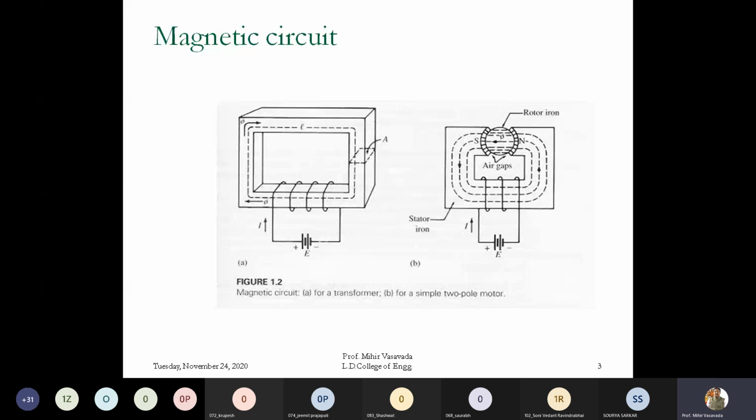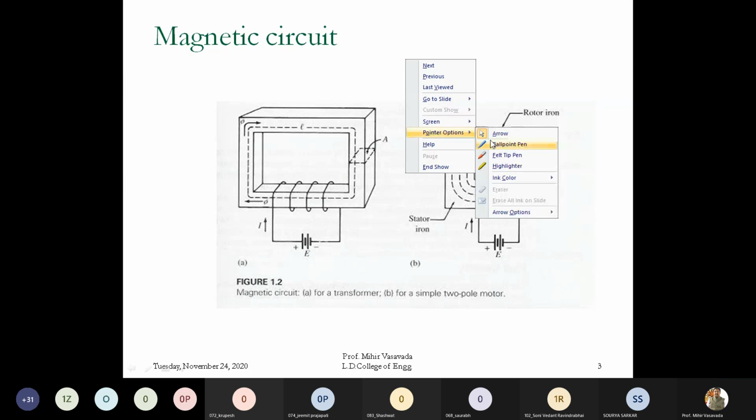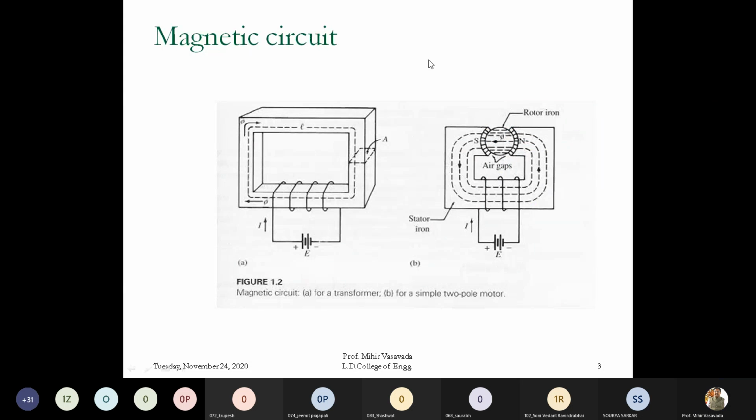link, right? We convert electrical energy to mechanical energy, right? Suppose you are converting this electrical energy to mechanical energy using a motor, the example given here.